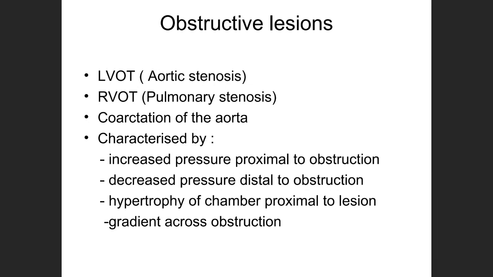The obstructive lesions are aortic stenosis or left ventricular outflow tract obstruction, pulmonary stenosis, right ventricular outflow tract obstruction, and coarctation of the aorta.